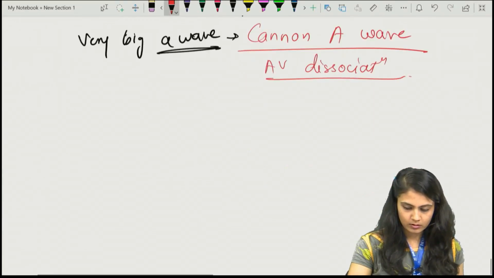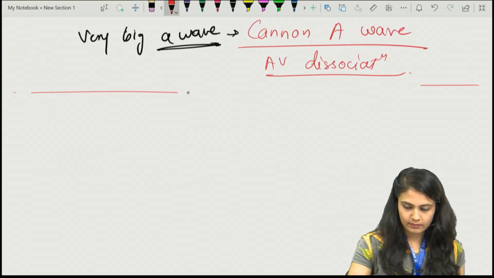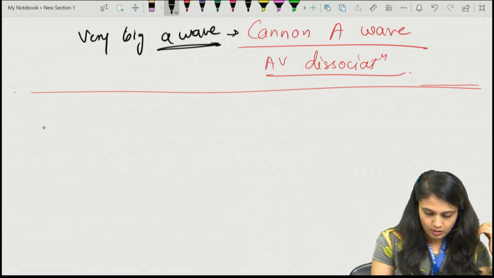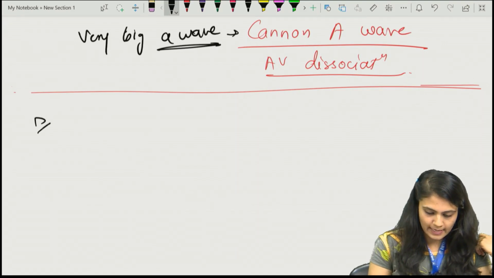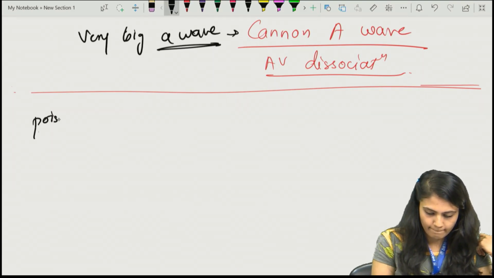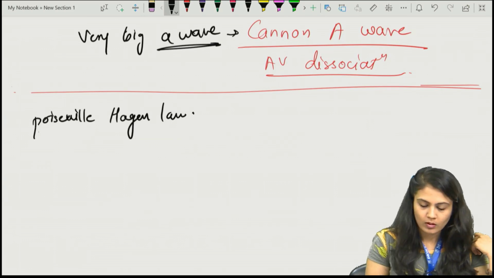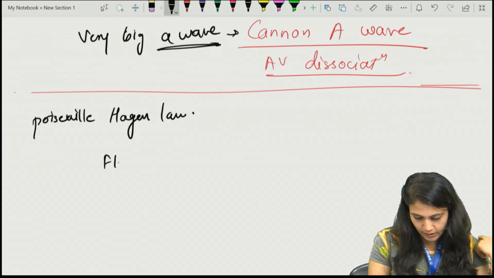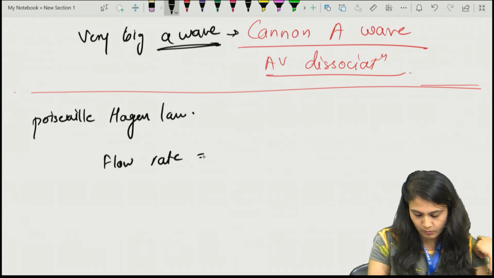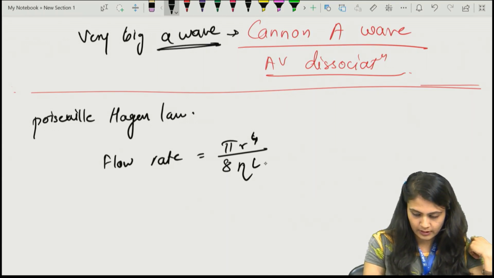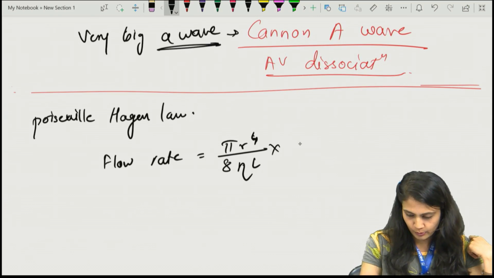What is Poiseuille's law? Poiseuille's law says that the flow rate of blood is equal to pi r raised to 4 upon 8 eta L into the pressure gradient.